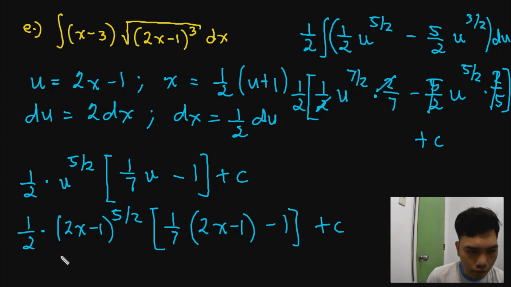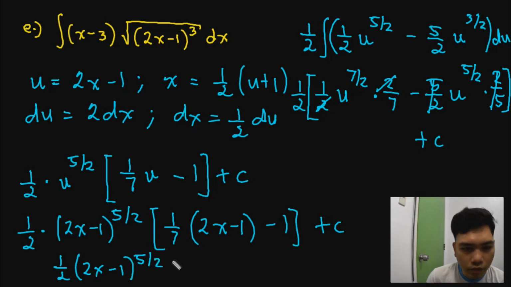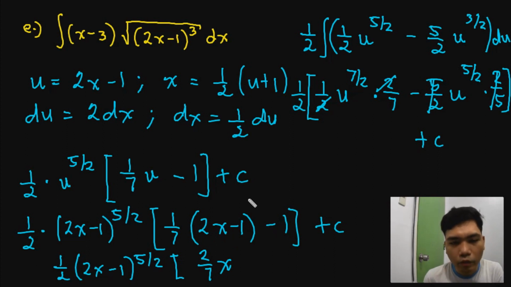So 1/2 (2x minus 1) raised to 5 halves, multiplied with 1 over 7 times 2x, which becomes 2 over 7 x minus 1 over 7 minus 1. Subtracting 1 over 7 from 1 is actually adding, so that becomes negative 8 over 7. I used my calculator to make sure. We add c here.